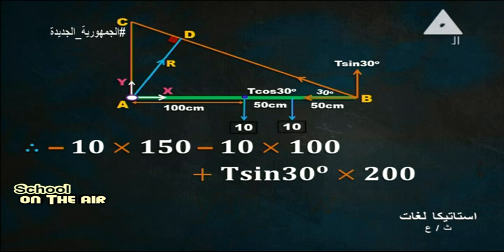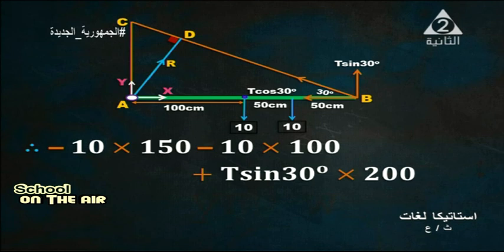The first 10, negative 10 times 150, look at the distance between the weight of the rod AB and the point A is 100.